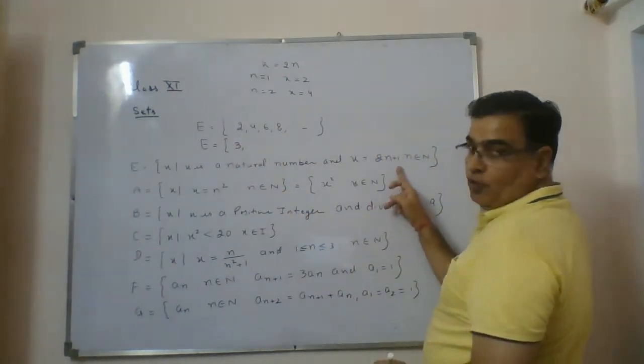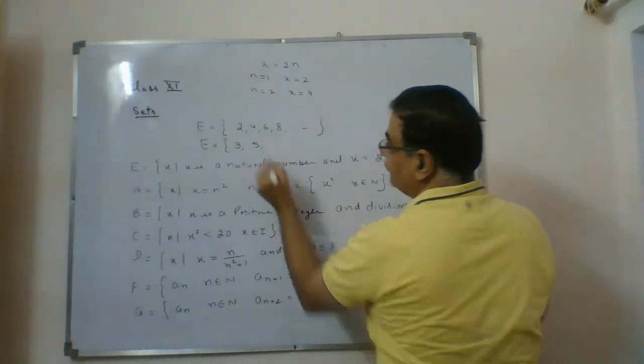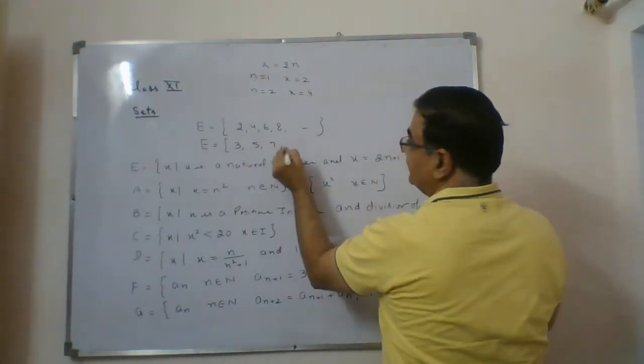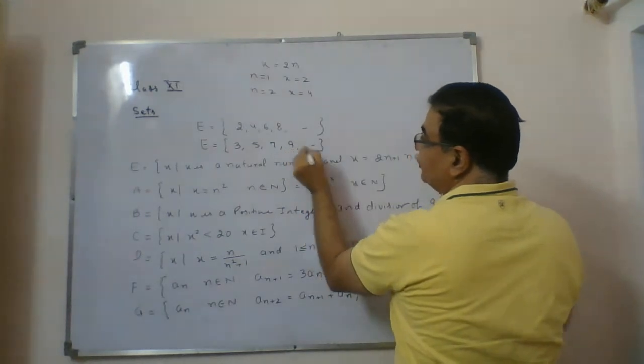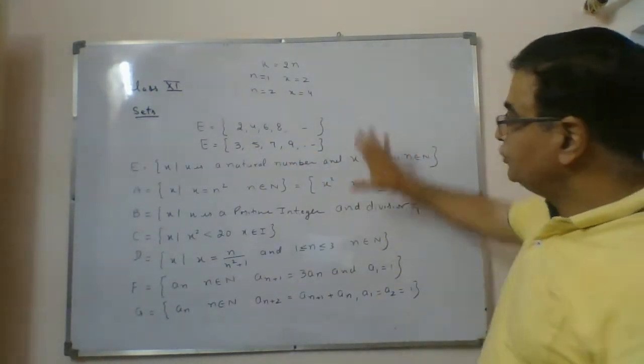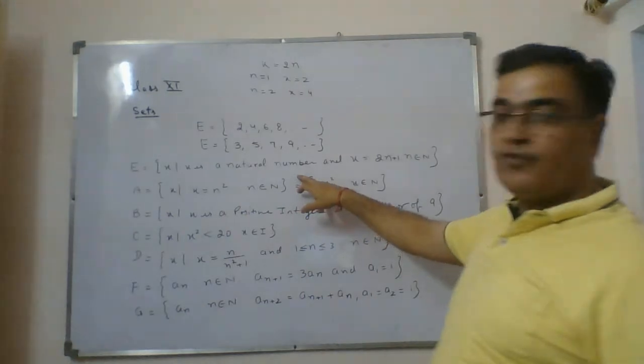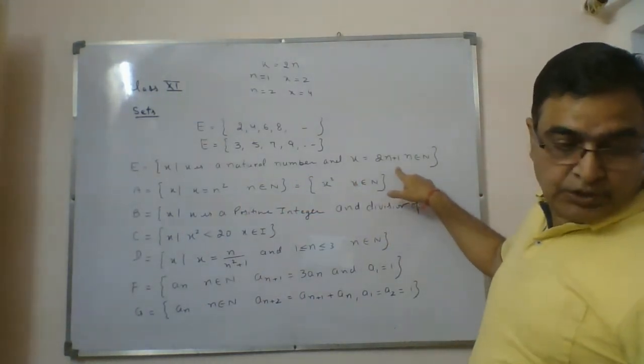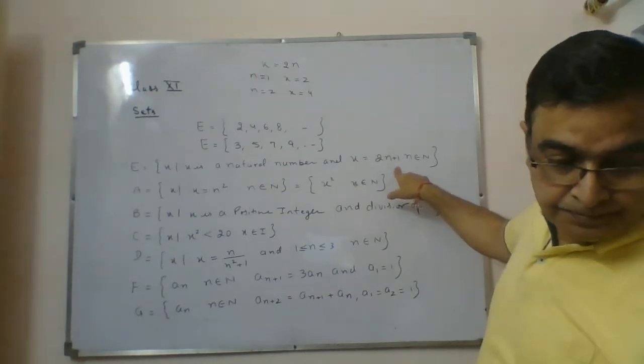Then 2 times 2 is 4, plus 1 is 5. Then 3 times 2 is 6, plus 1 is 7. Then comes 9, and so on. So the set E will be the set of natural numbers which are odd, because it is 2n plus 1. You should keep that in mind.